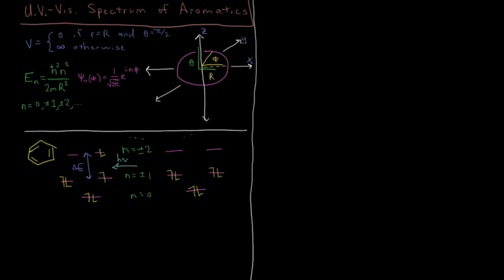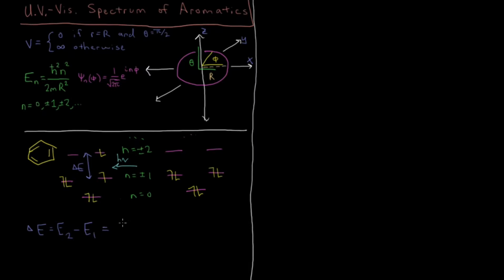Okay, so we have that our delta E is going to equal the final energy minus the initial energy. So we have an electron in the absolute value of n equals 2, minus, it came from the absolute value of n equals 1, so E2 minus E1.